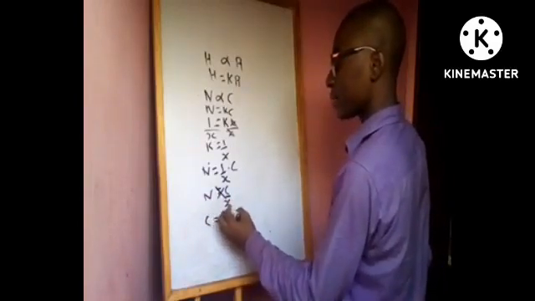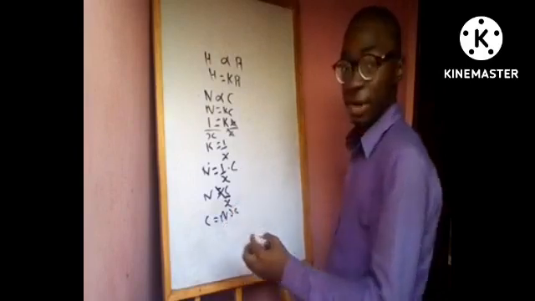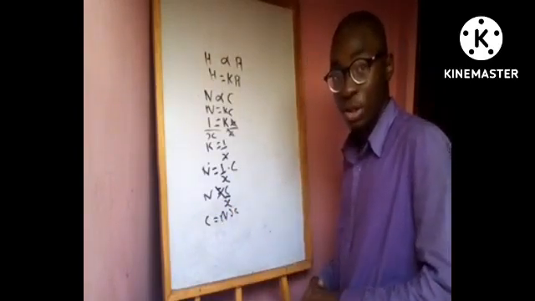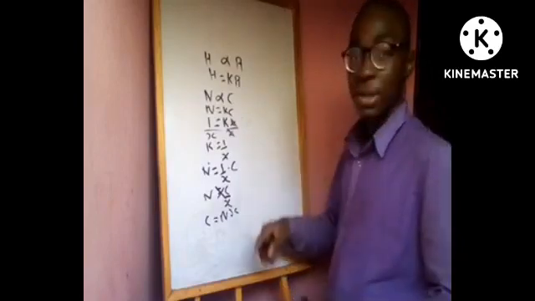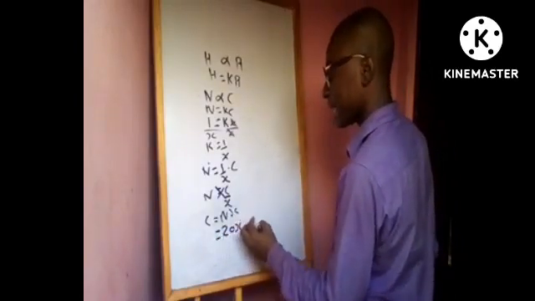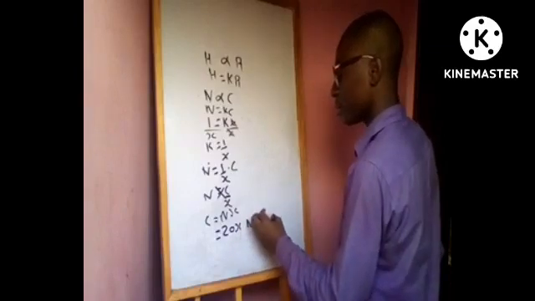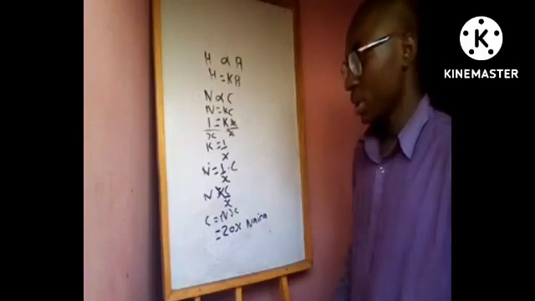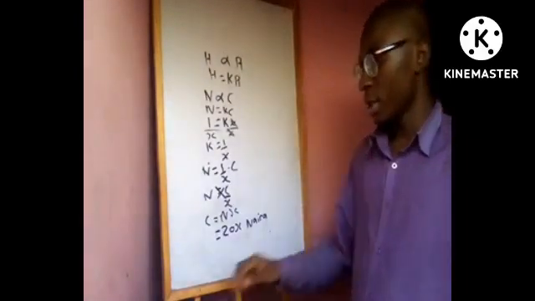If c is equal to nx, this time around they are asking us to look for the cost of 20 packets. So n is 20, so c will be equal to 20x naira. That's an example of direct proportion. So you can also try some examples on your own.